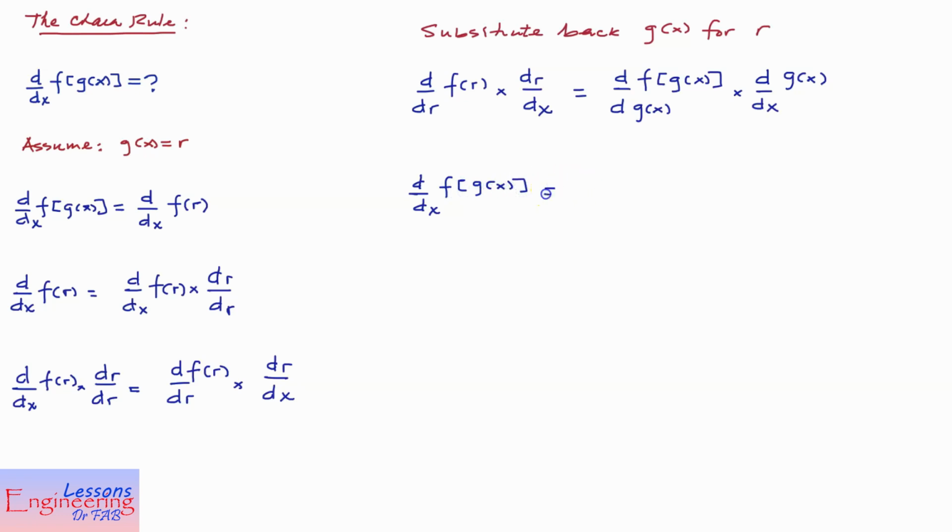So this equals d by d of g of x of f of g of x times d by d of x of g of x.